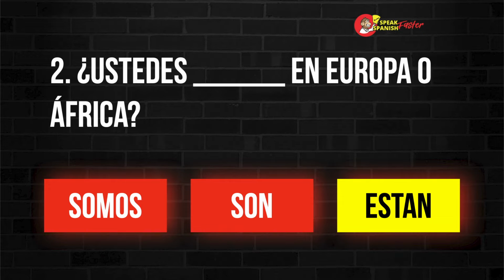So are you guys in Europe or in Africa? We're just trying to figure out where somebody is currently located. And when you do that, you will be using estar. And of course, for ustedes, we use están as the conjugation for ustedes and estar in this example.